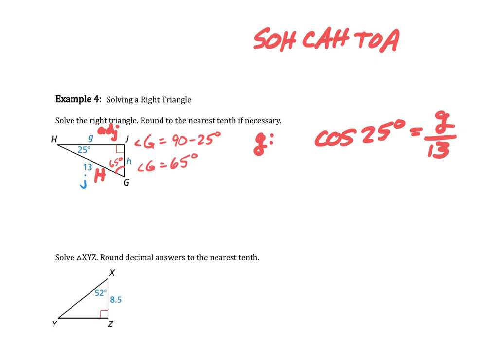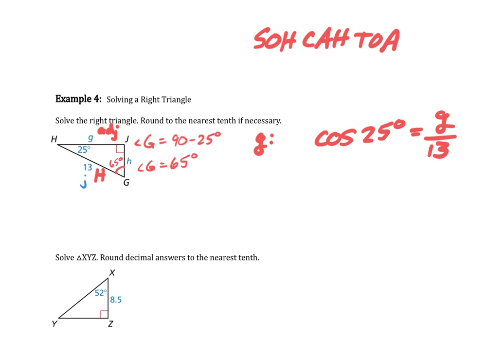Yeah, Berkeley. Does 25 go with the H though, instead of G? Because 25 goes with the little h instead of G. Okay, so if I'm going from the 25 here, little g is adjacent to 25, okay?